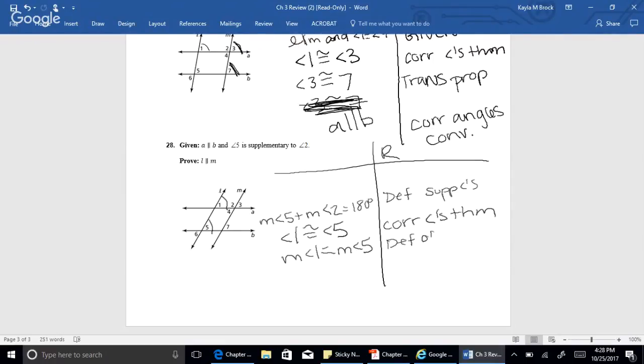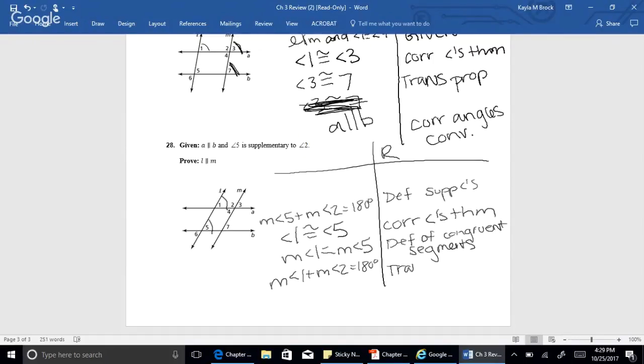The measure of angle 1 is equal to the measure of angle 5. This is the definition of congruent angles. The measure of angle 1 plus the measure of angle 2 equals 180 degrees.